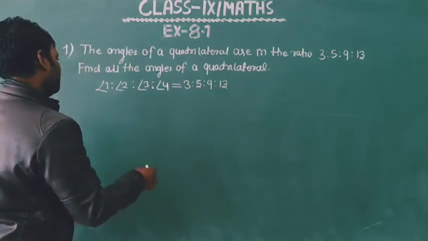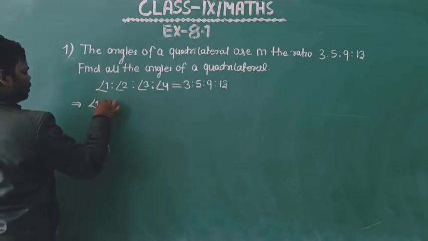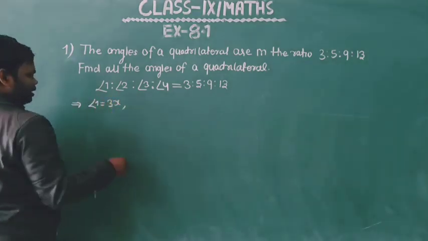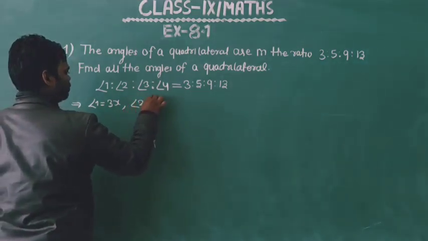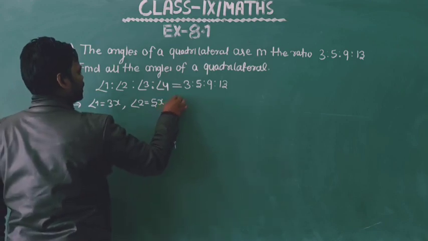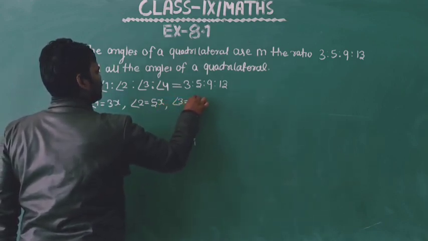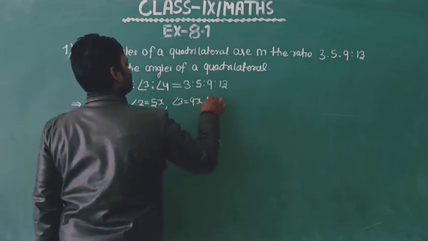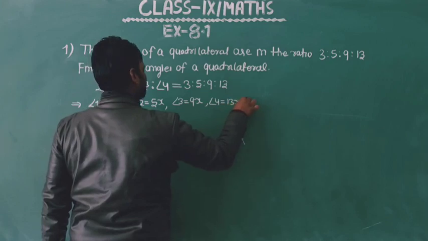So we can write angle 1 equal to 3x, angle 2 equal to 5x, angle 3 equal to 9x, and angle 4 equal to 13x.